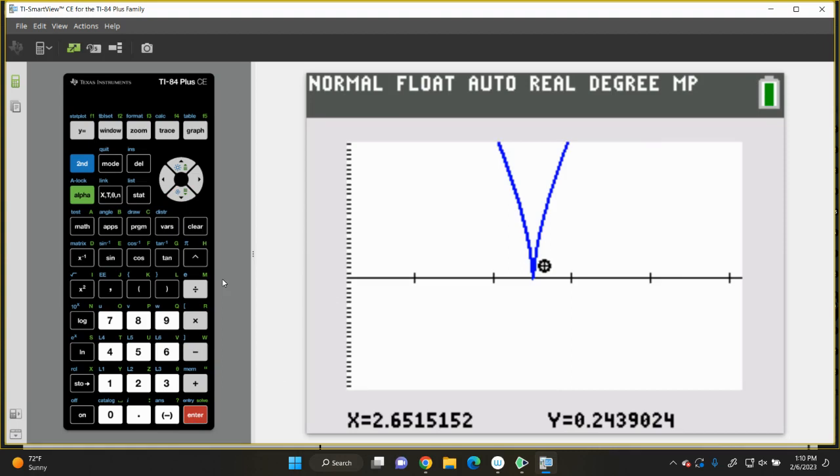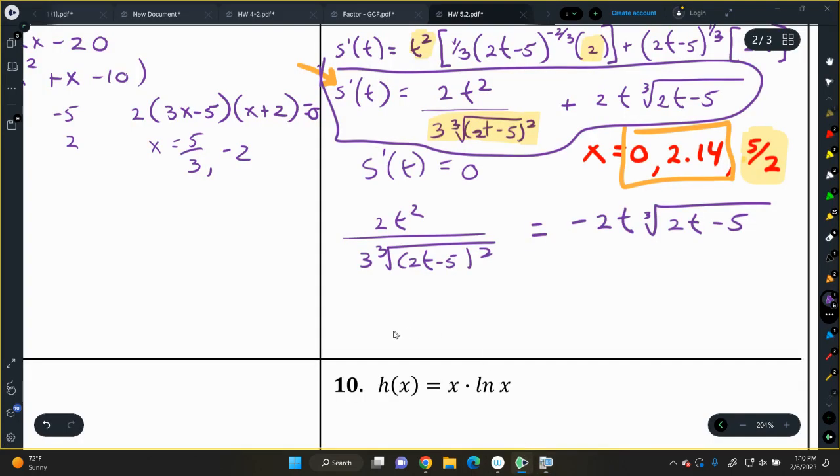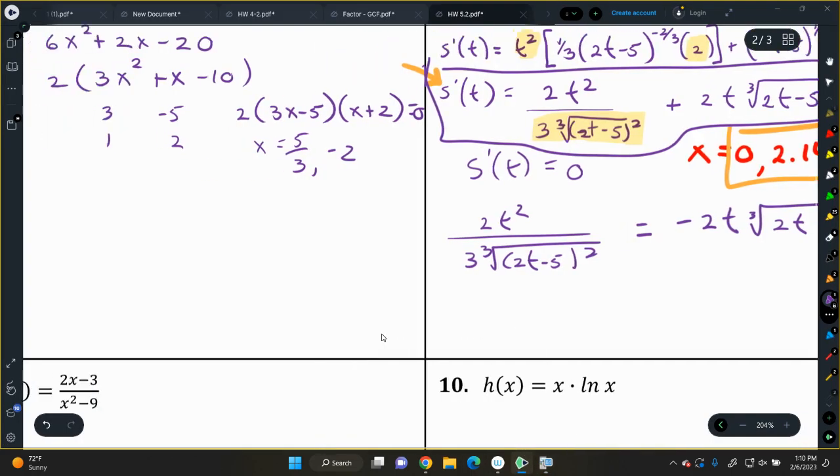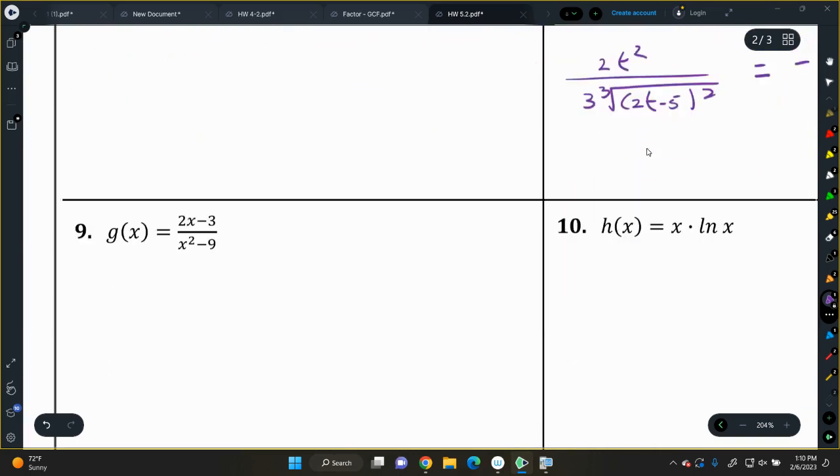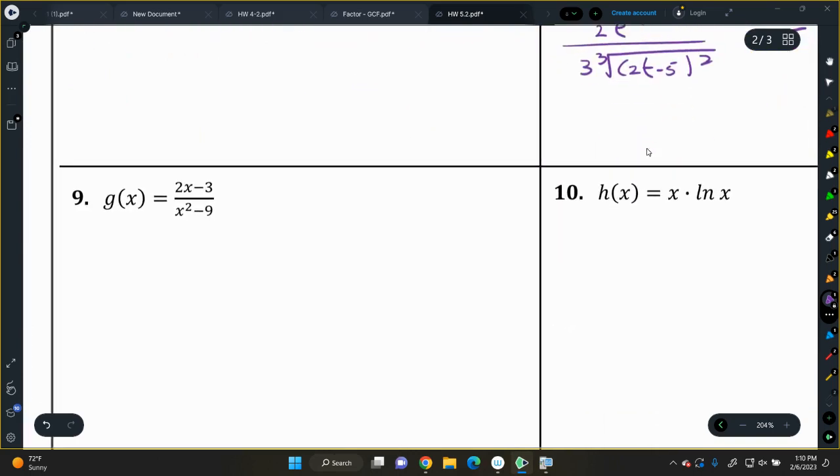Okay. So let's just reiterate, right? Because this is a common type of question, maybe not quite as algebraically challenging, but a common type of question on an AP exam would be to identify the critical points. And 9 out of 10 times, students will forget to consider the domain of the function.